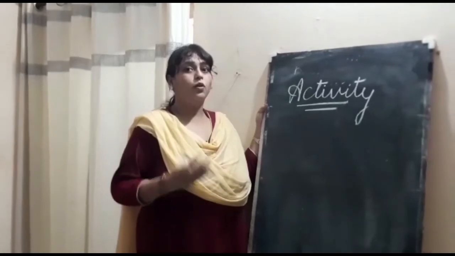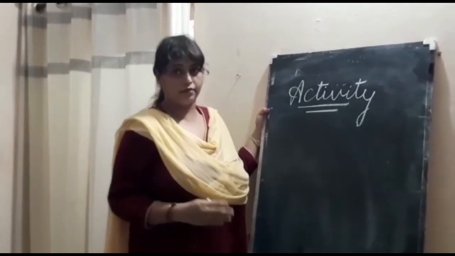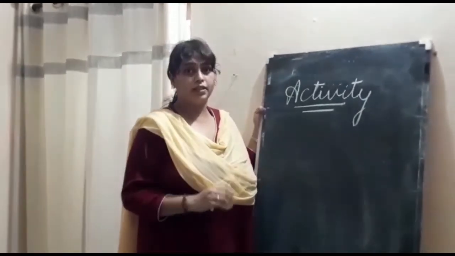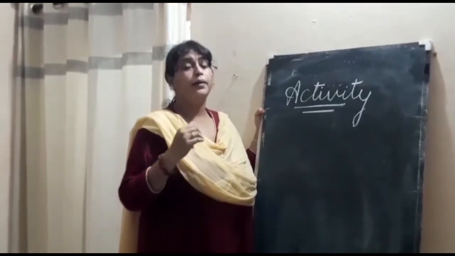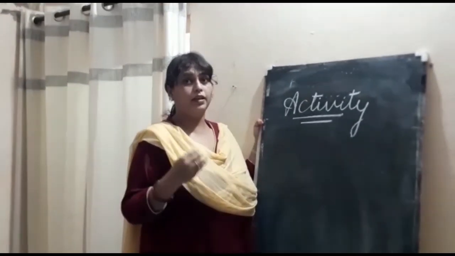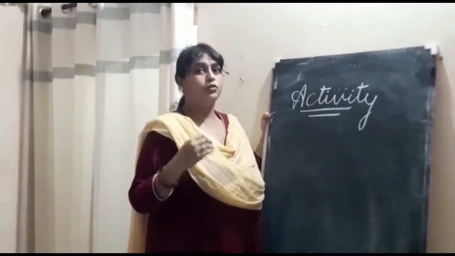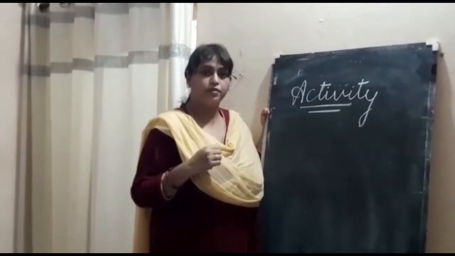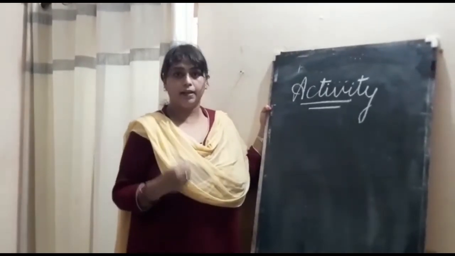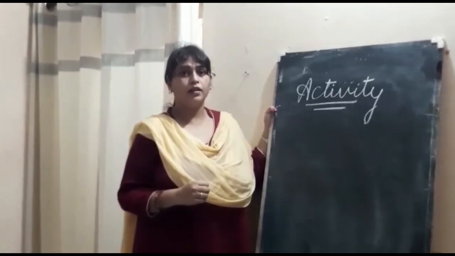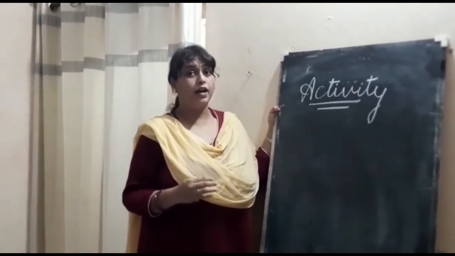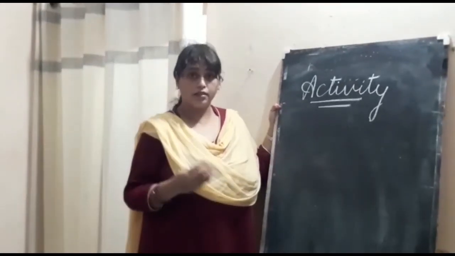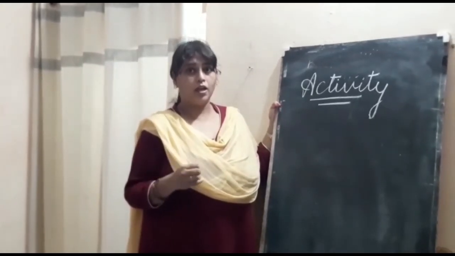Now children, you all have to do an activity, and the activity is that you have to measure your breathing rate. You have to remember 3 steps. First, set a time for 1 minute. Then you should be at rest, either sitting or lying down.